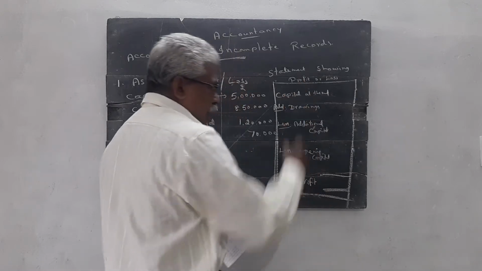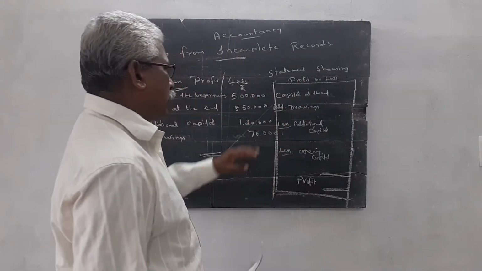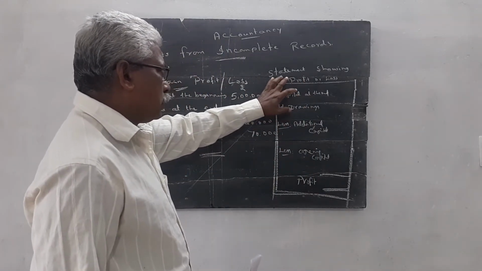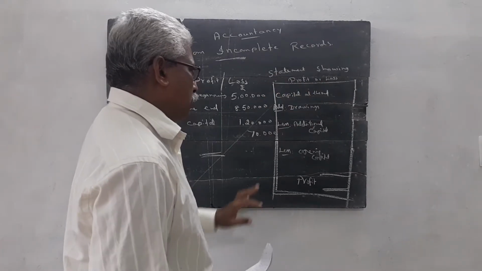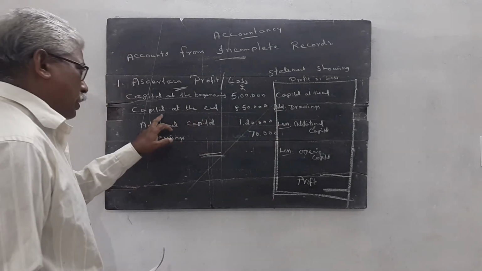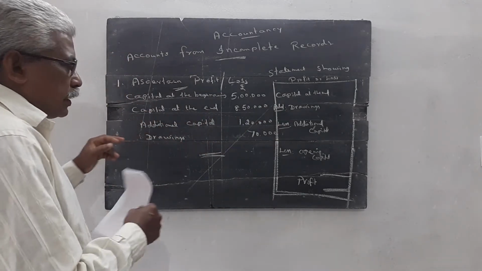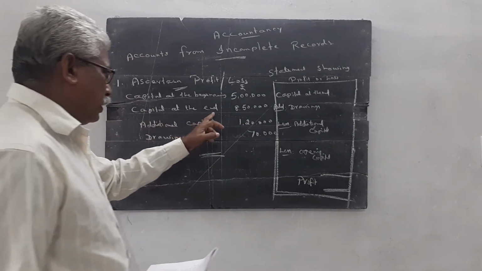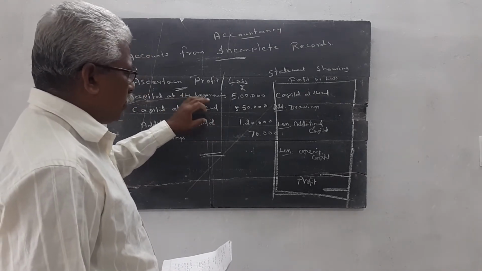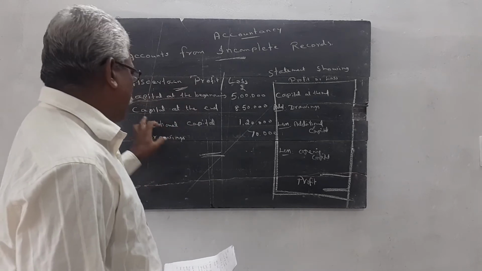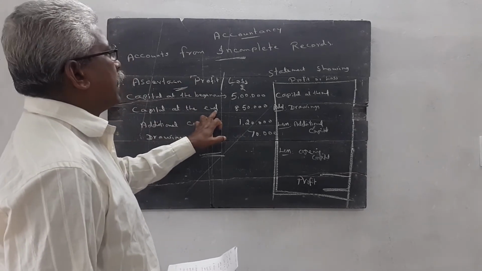This is the format or formula for doing ascertain the profit or loss. Capital at the end is given in the question. In this question, it is directly given as capital at the end. In some questions, the date is given. Opening date, closing date. On the basis of date, we have to calculate. In this question, capital at the end is directly given.